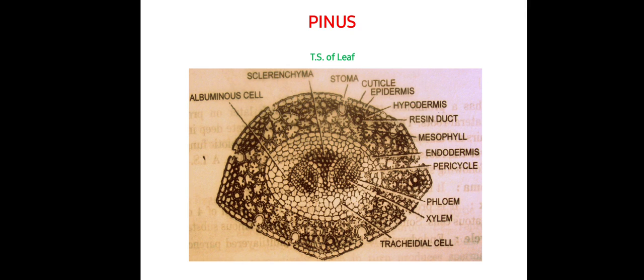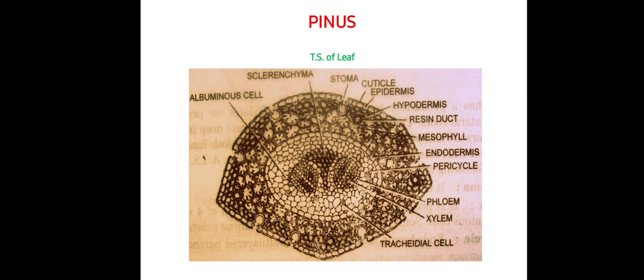The mesophyll contains a number of resin canals with an epithelial lining layer which releases turpentine into the resin canal. The last layer, the limiting layer of mesophyll, is the endodermis with barrel-shaped cells and prominent Casparian strips.